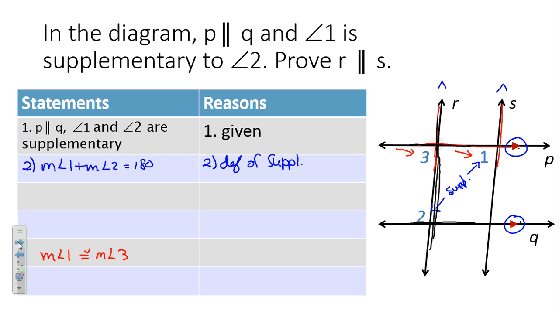And what kind of angles are they? Starts with a C. Consecutive interior angles. Okay? So because angles 2 and 3 add up to 180, they're consecutive interior angles, right?